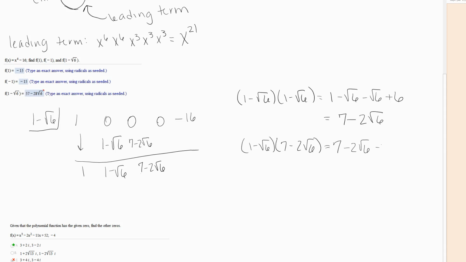Inside terms will give us minus 7 square root of 6. And the last terms will give us minus times a minus, so it'll be a positive. We have 2 times the square root of 6 times the square root of 6, which is 6, so that'll be 12. So 7 plus 12, we've got 19 minus 9 square root of 6.